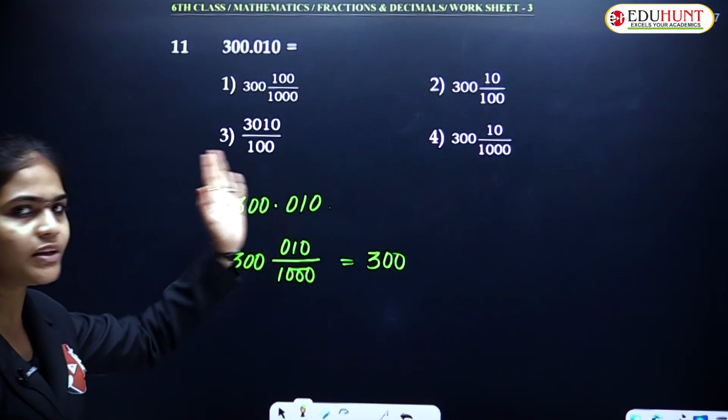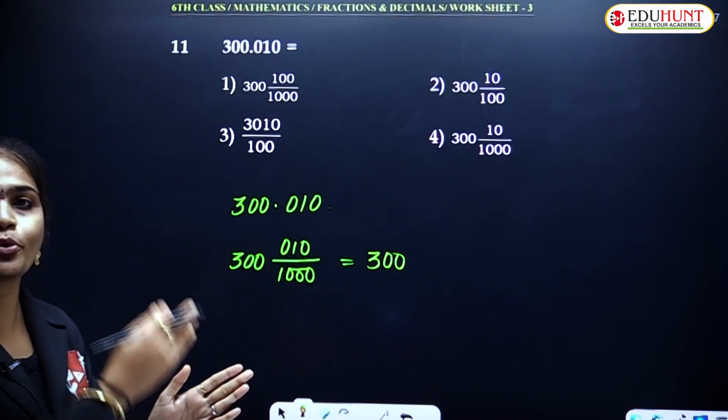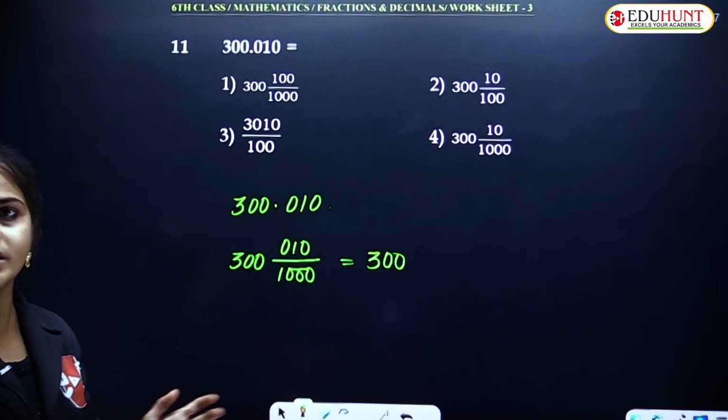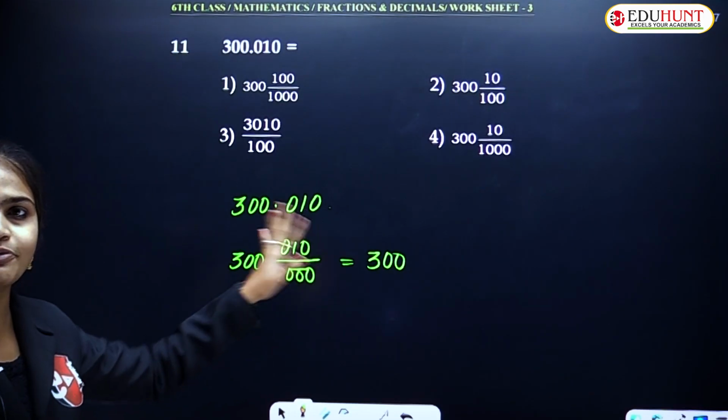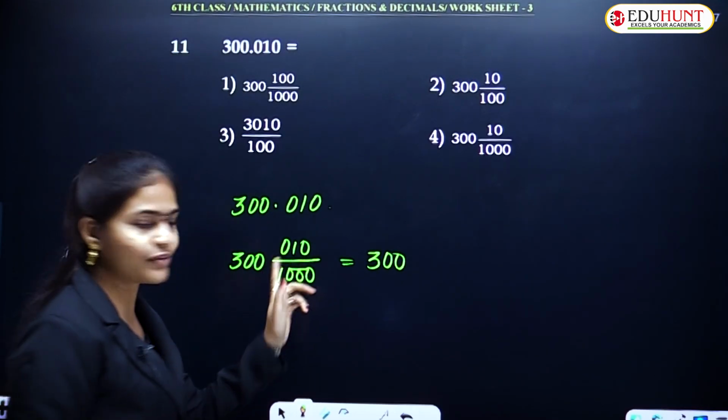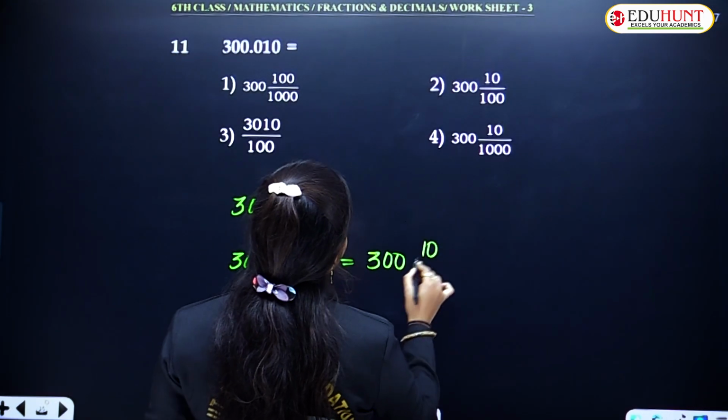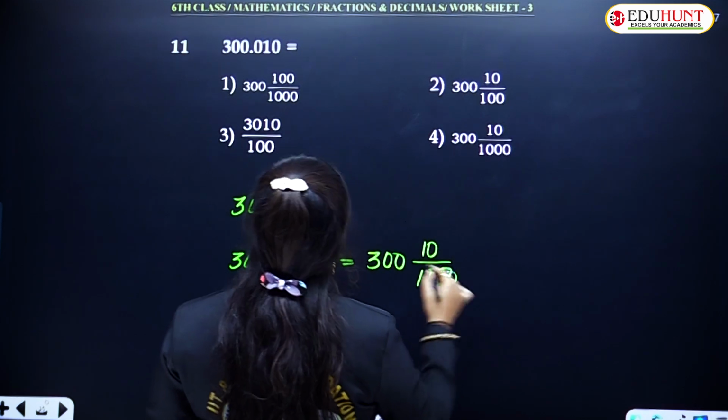Because it is not having value. A 0 immediately after the decimal point means no need to consider it. Directly we can write the significant value. That is insignificant, so you can leave that. Finally the answer is 10 by 1000.